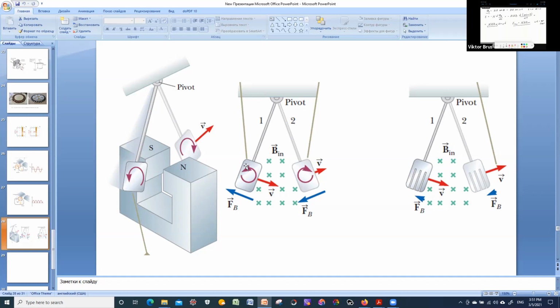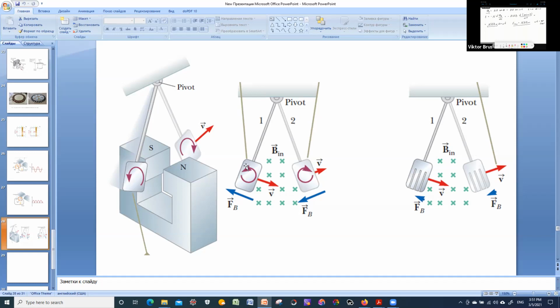And another possible application of eddy currents is in the counter of electric power, or like old-fashioned counter of electric power, when we have two coils and current in one coil is proportional to the voltage in the network, and current in the other coil is proportional to the current which is consumed by the network where this counter of electric power is connected.